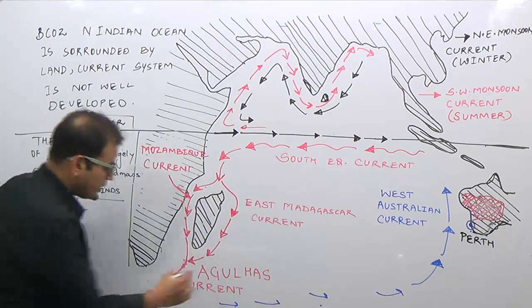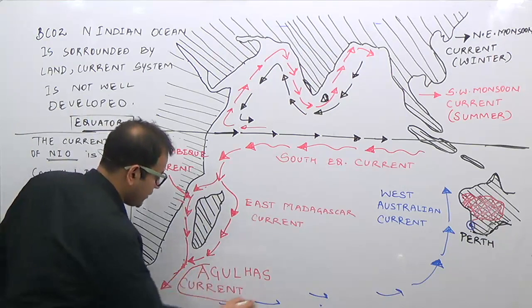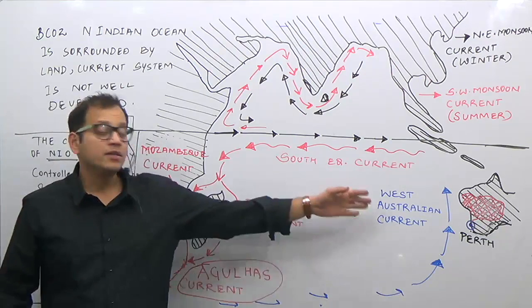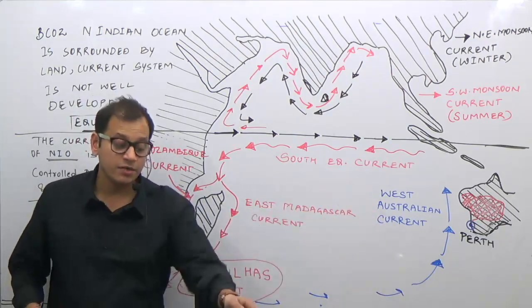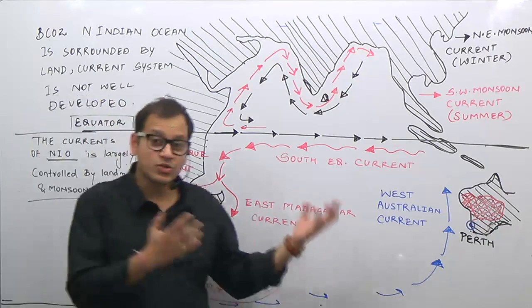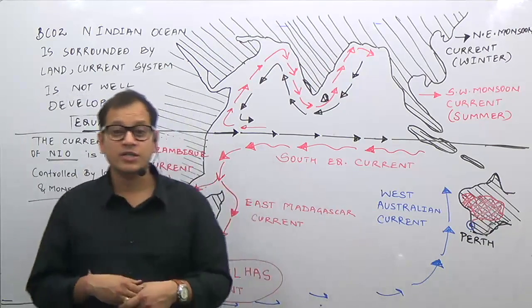Both these join together to form an Agulhas current in the southern tip of eastern Africa, while the West Australian current is a cold current which goes to the West Australian region. This West Australian current is associated with the Great Australian Desert.